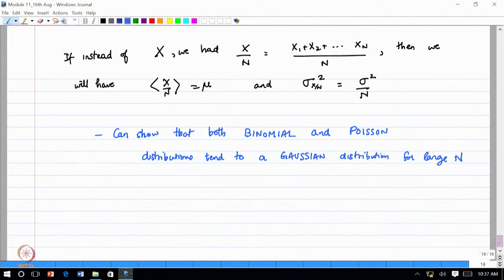So the Gaussian distribution appears very naturally, and that is the distribution that we use most often.